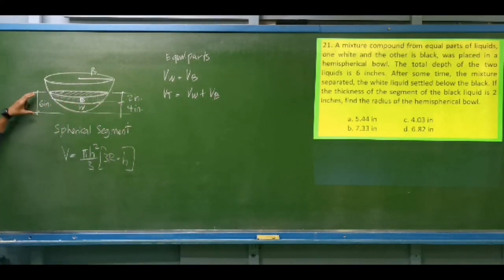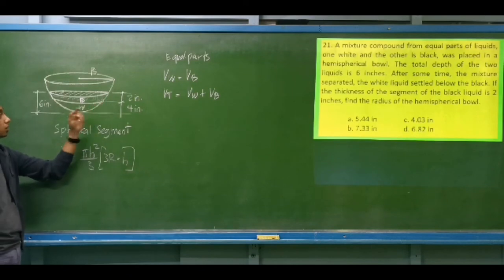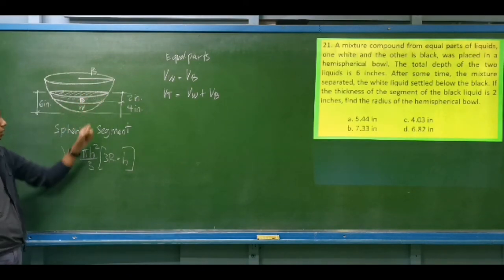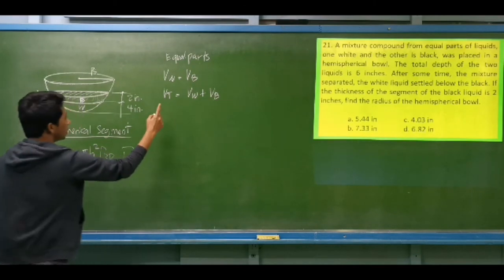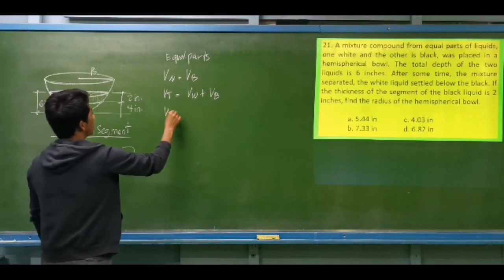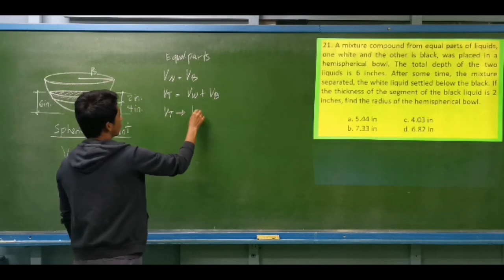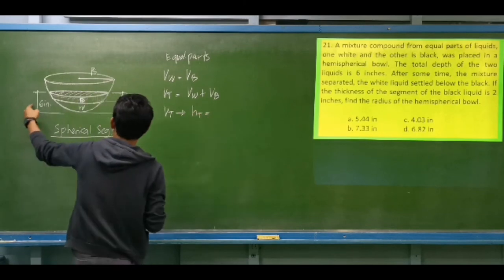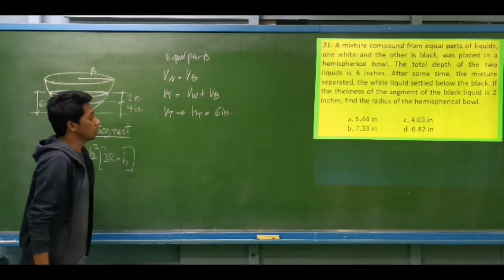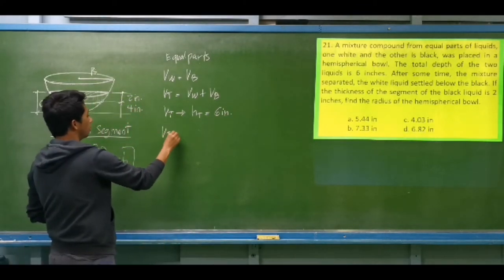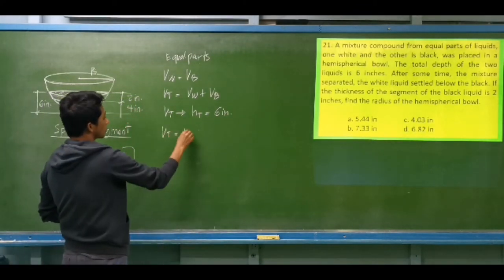Kung mapapansin niyo, yung na-form na figure ng liquid is a spherical segment. For example, kung kukunin natin yung volume total, gamitin natin yung height total. Ano yung height total ng dalawang liquid? This is 6 inches.